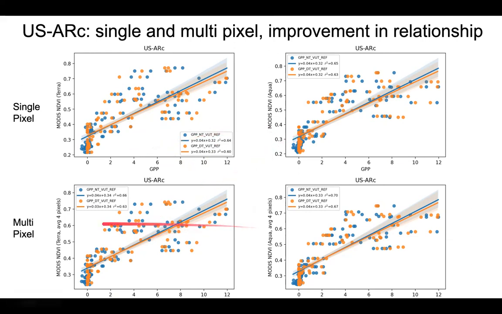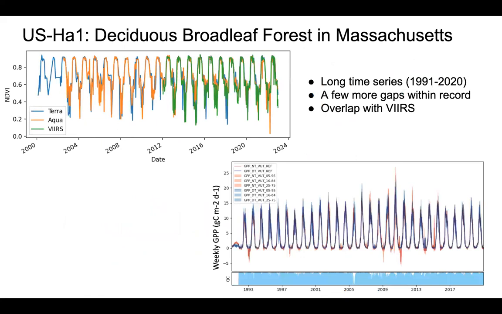The bottom ones are the same, Terra and Aqua, but for multiple pixels. I'm aggregating 4 pixels close to the tower, basically. So we improve our relationships a little bit for both Terra and Aqua. You see the R² bumped a little. This is one trick that you can use sometimes, and you can evaluate if that's a good idea or not based on the homogeneity.